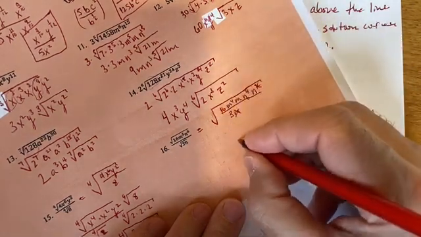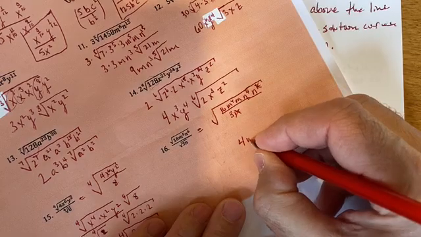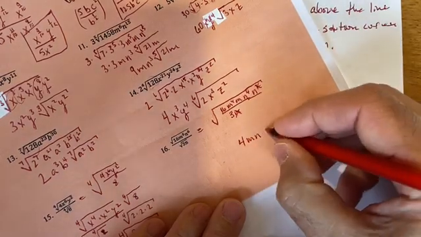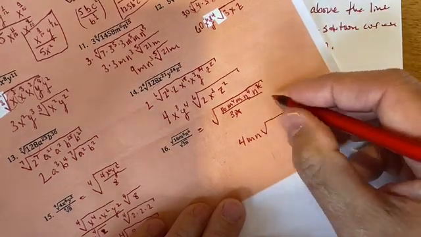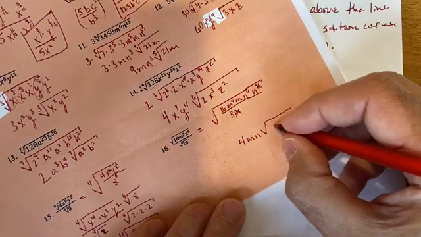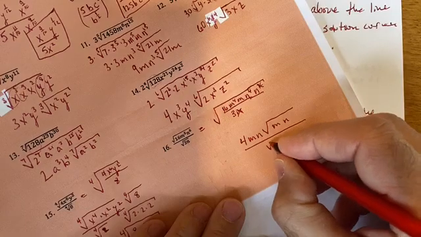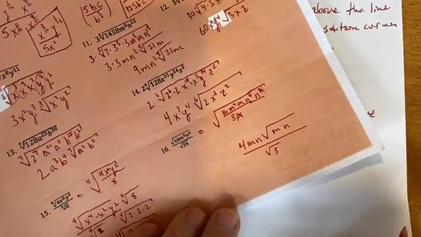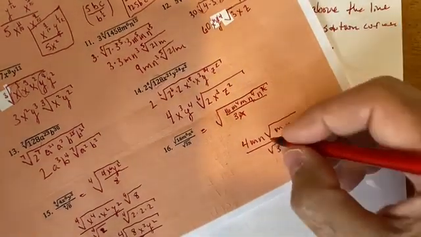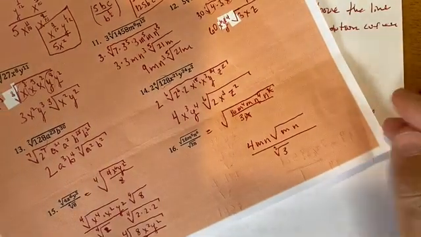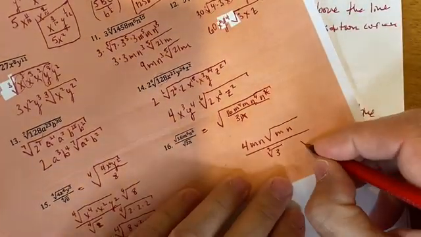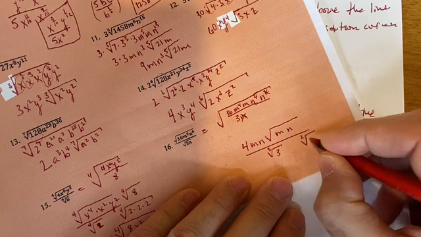On the top, the square root of 16 is 4, 1 m comes out, and 1 n comes out. On the top still, there's an m and an n in the radical. On the bottom, sadly, it's the square root of 3. And remember, the square root is the second root. So I need one more 3 underneath the root.